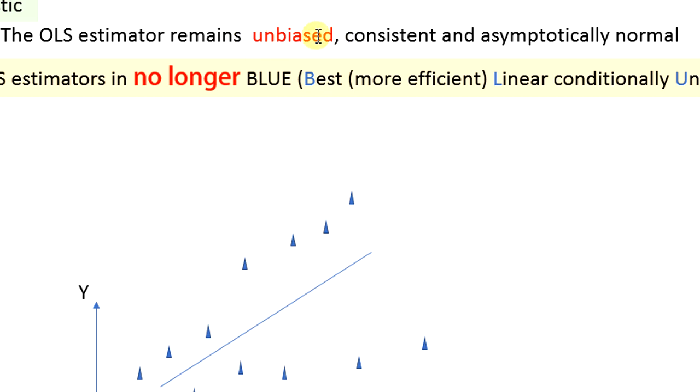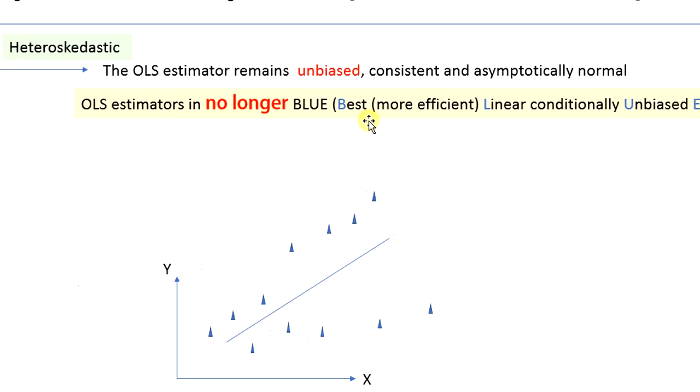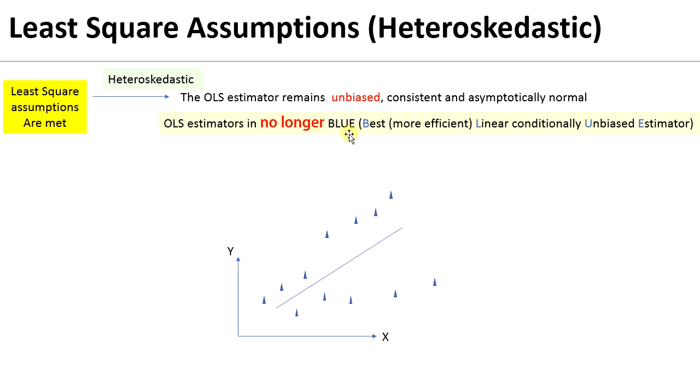It still remains unbiased, but it's no longer efficient, no longer BLUE. Also, in another video we will discuss that when the errors are heteroskedastic, the standard errors you should be using are different from the standard errors you use when the errors are homoskedastic.